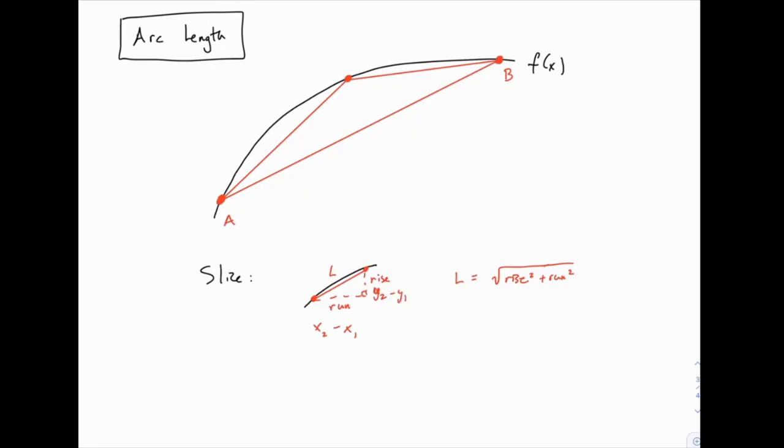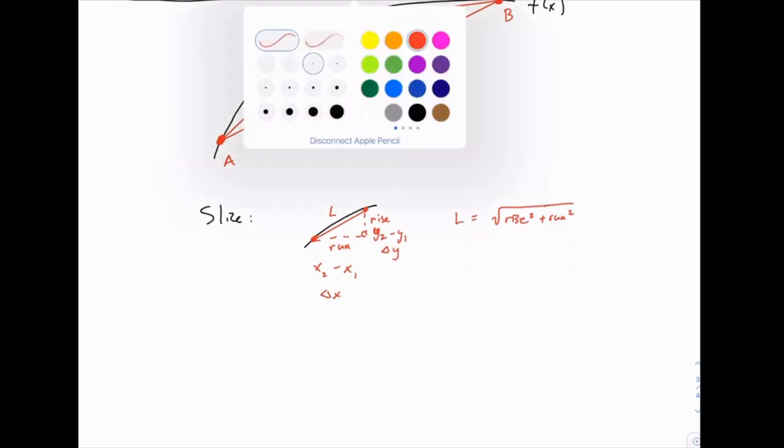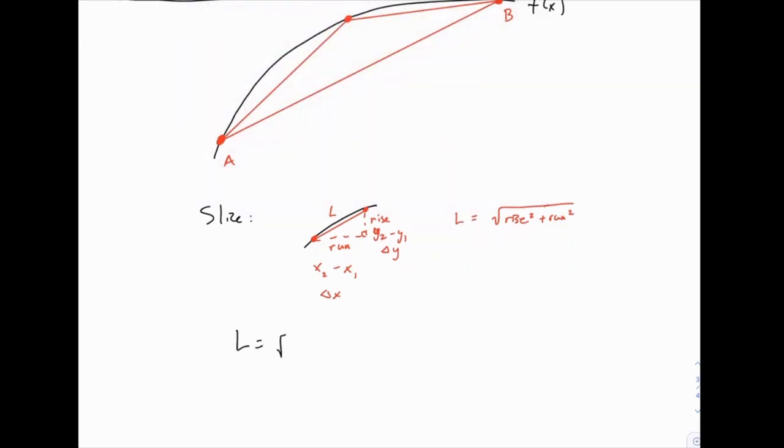So we can think of this as delta x, and this is delta y. A small x distance and a small y distance. So this length of one little segment would be the square root of delta y squared plus delta x squared, or I'll write it in this order, delta x squared plus delta y squared.